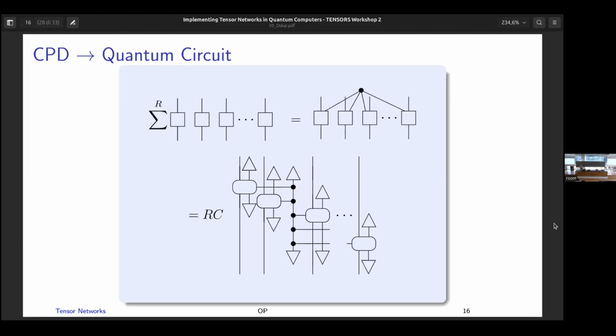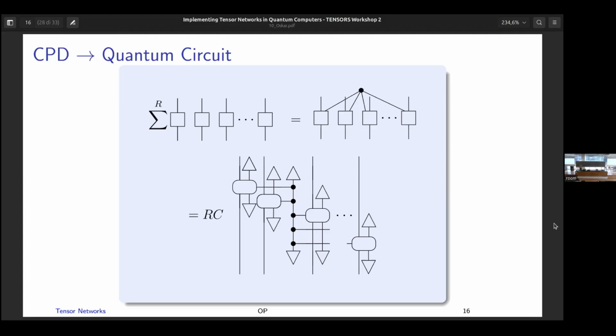The way we can implement this is by replacing this higher order delta by this sequence of controlled operations.